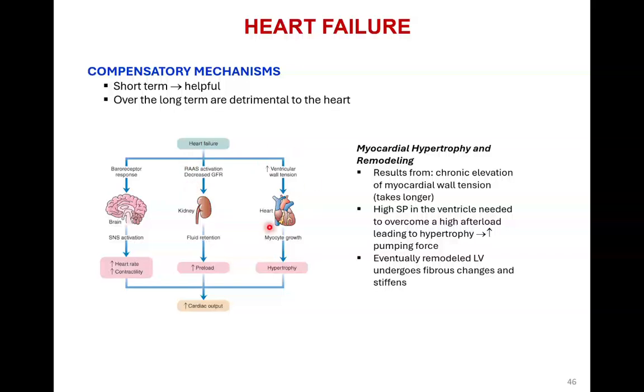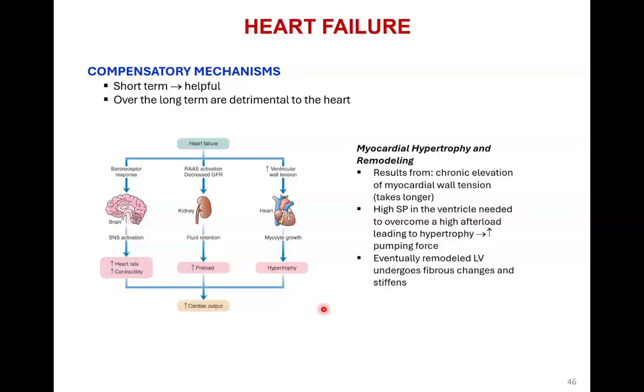And then you can have increased tension in the ventricular wall. Eventually that leads to myocyte growth, so the cardiomyocytes just increase in size to try to compensate and to increase their work performance. The problem with that is that over time, while in the short term the hypertrophy helps to maintain cardiac output, eventually it undergoes what is called remodeling.